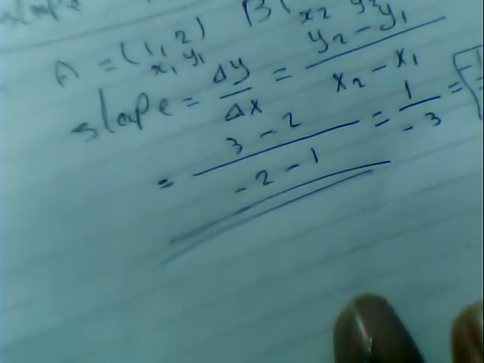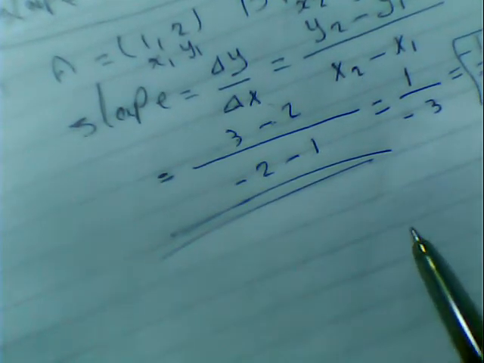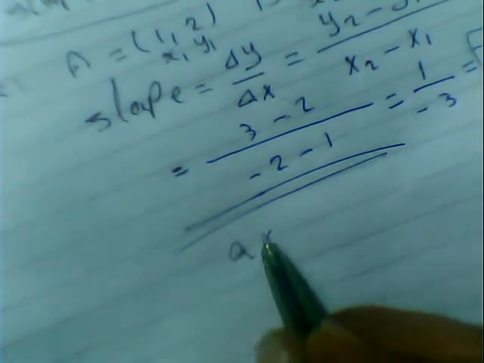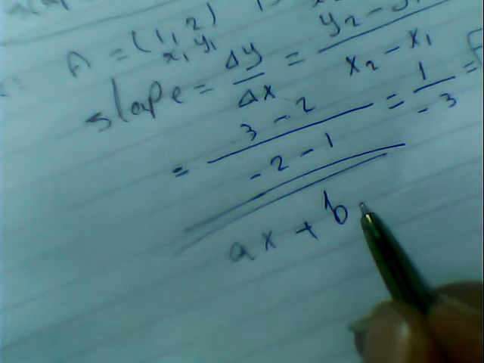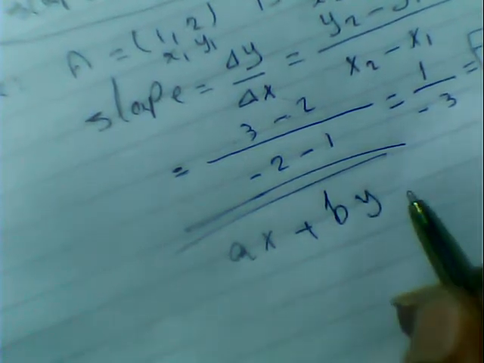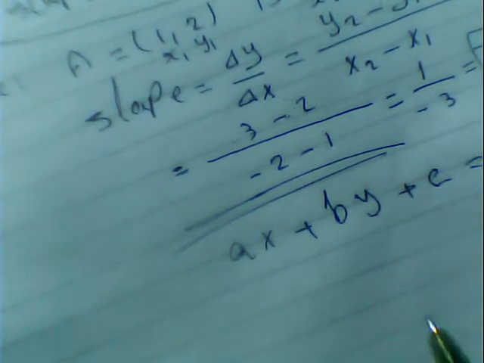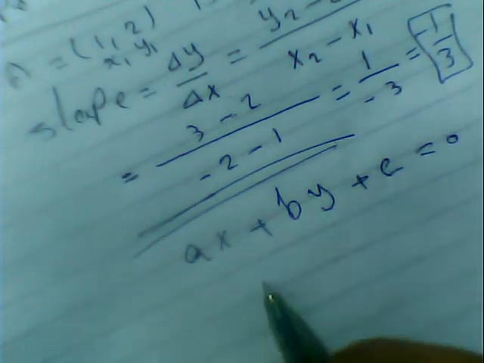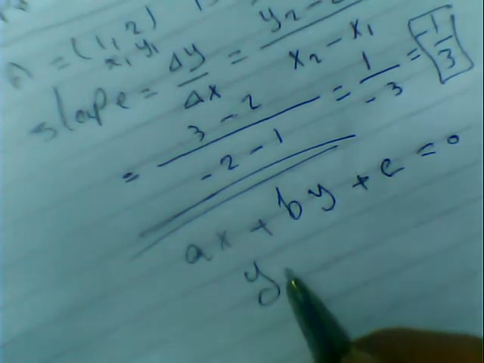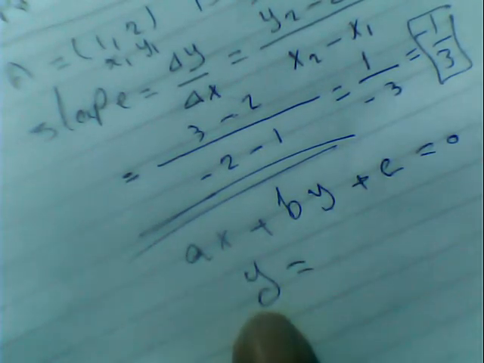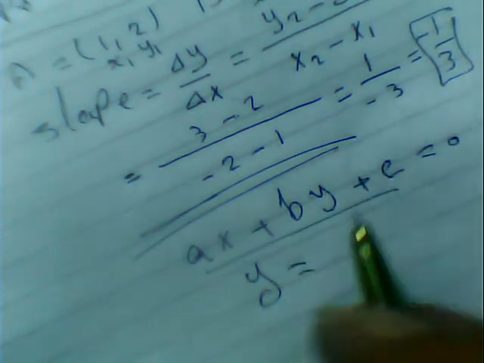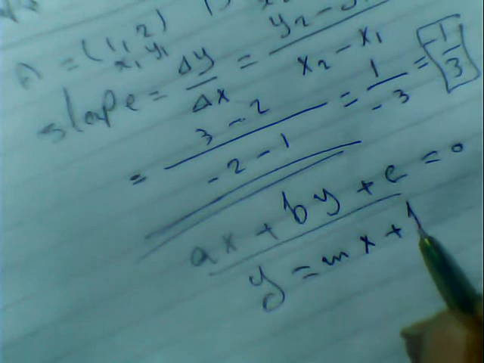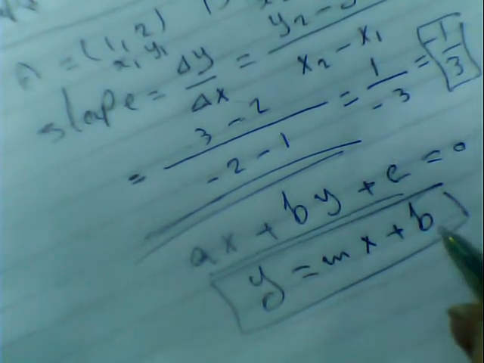We also know how we can get the slope from the rules, if we have an equation like ax plus by plus c equals 0. This is the equation of a line. We can put y on one side and everything else on the other, meaning y equals mx plus b, with this constant.